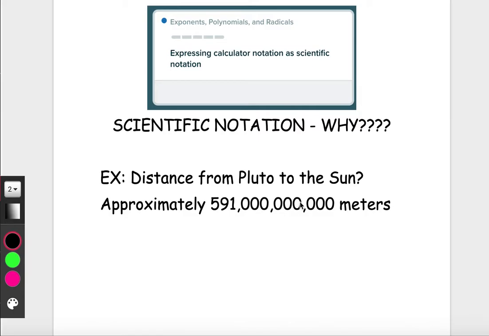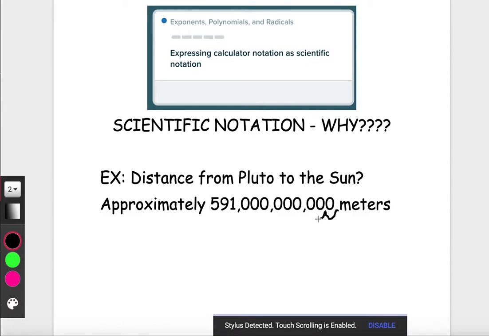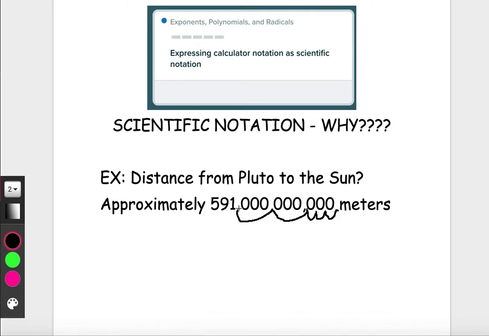So the whole point of scientific notation is for us to be able to write this in a concise and easy way. You write it as a decimal with only one digit in the ones place. You start where the decimal is right now, and go 1, 2, 3, and then another 6 places, and then 9 places, and then another 2 places.